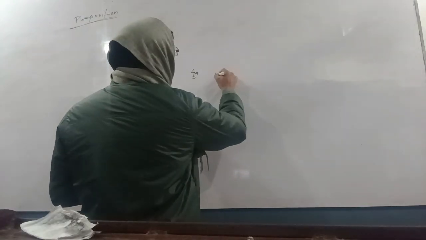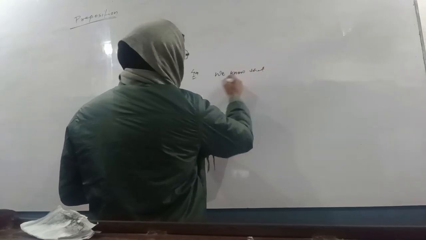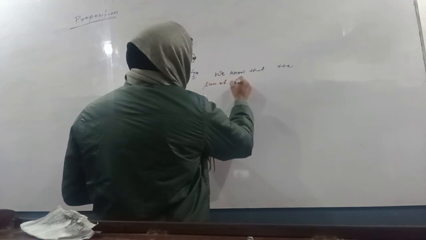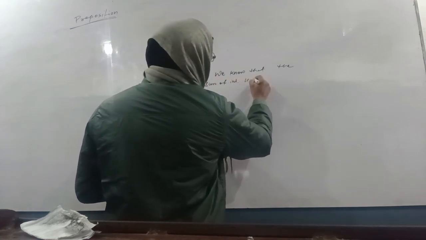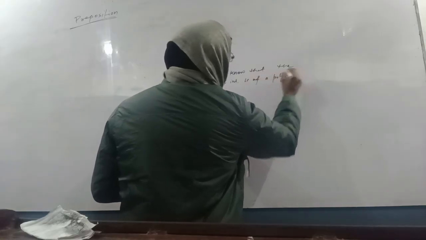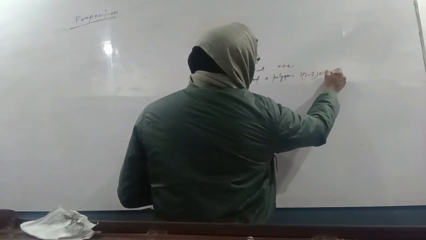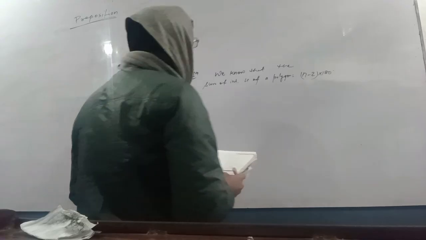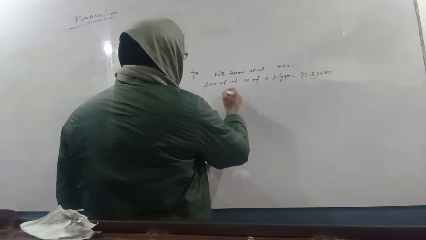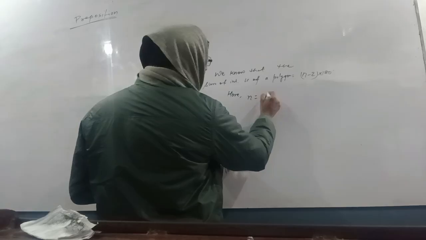We know that the sum of interior angles of a polygon is equal to (n minus 2) into 180 degree. So here n is equal to 8.